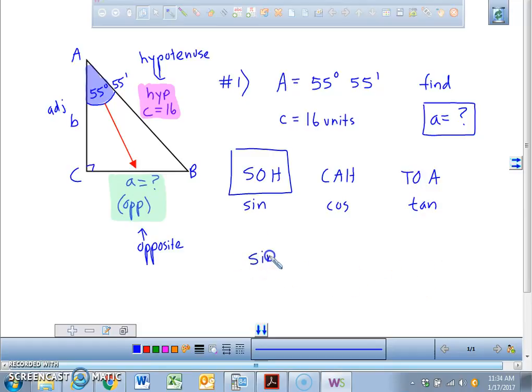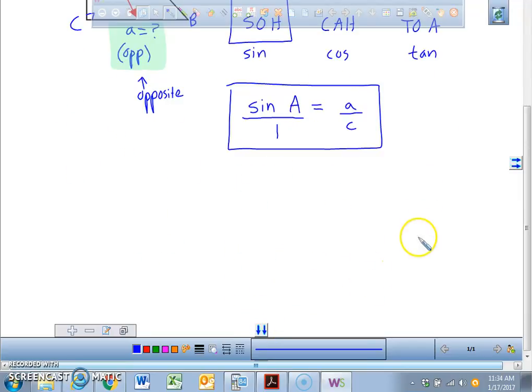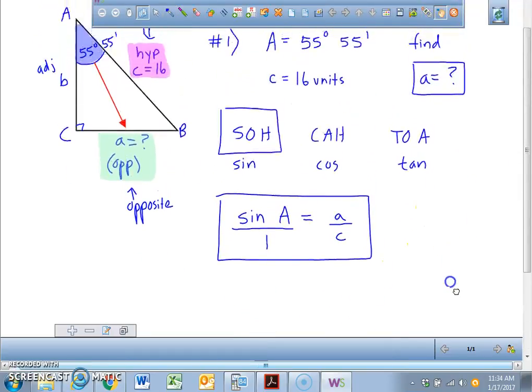The sine of capital A, which refers to the angle, is equal to lowercase a over lowercase c. And I'm going to put the sine of capital A over 1. This is your trig ratio that you're going to be using, except we're going to be filling it in with numbers that we have.